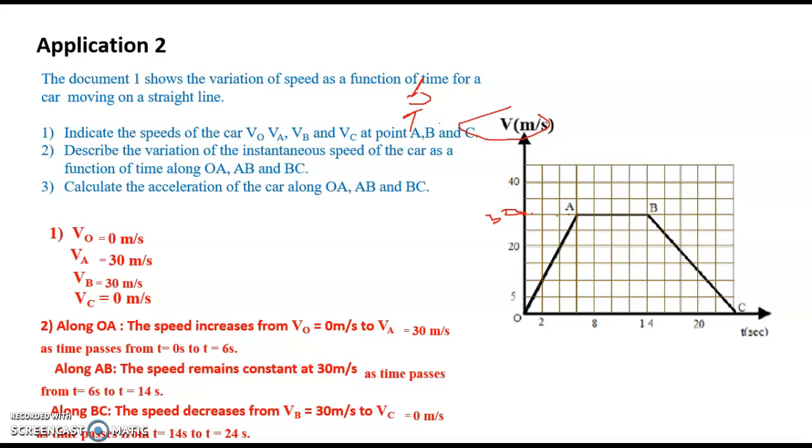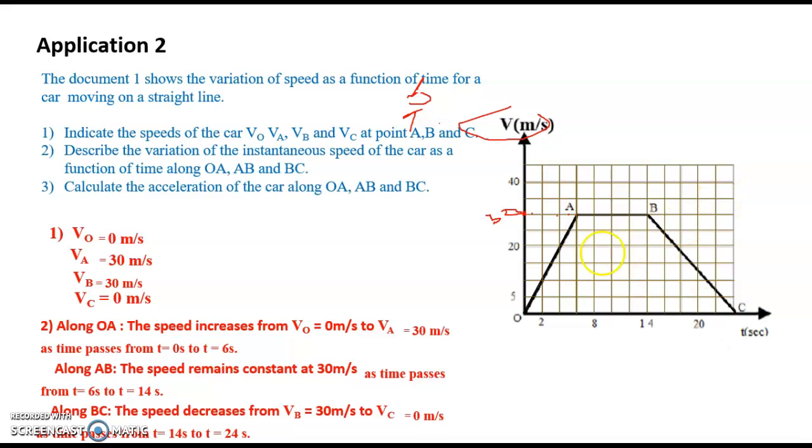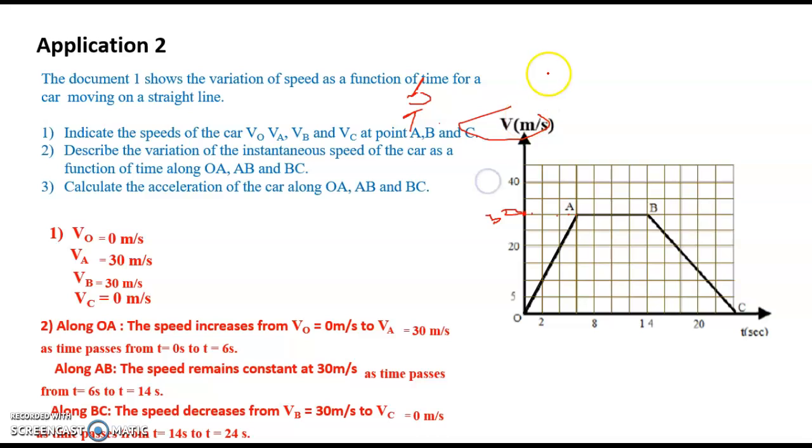Now calculate the acceleration of the car along OA, AB, and BC. You have to apply the formula: a average is equal to delta V over delta T. So let's do it now. I'm going to start here and then continue down there.